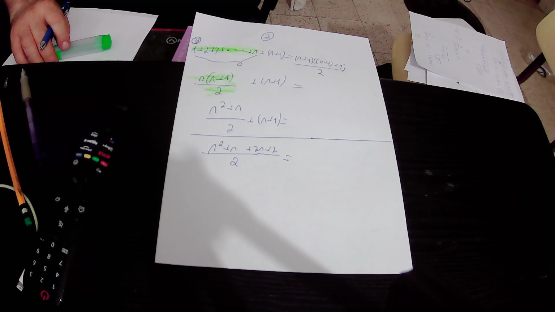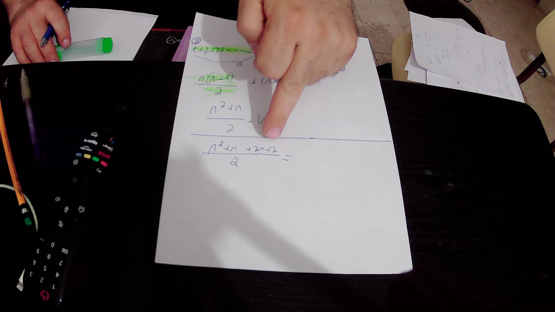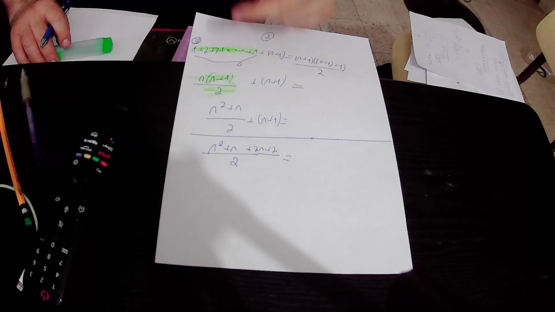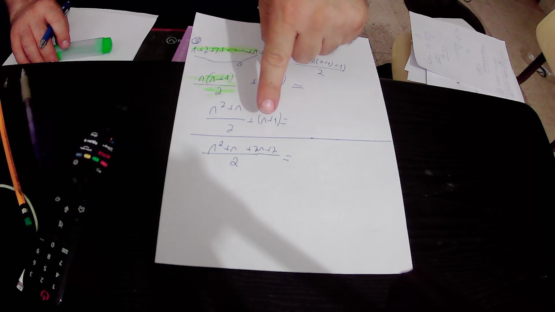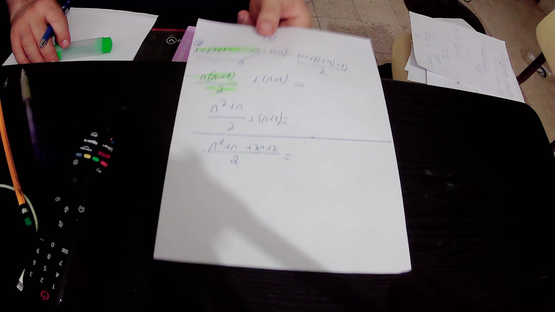You will change nothing, because it is like multiplying something by 1, because 2 divided by 2 is 1. So we multiply n plus 1 by 2 and then divide by 2. Actually, n plus 2n is equal to 3n.